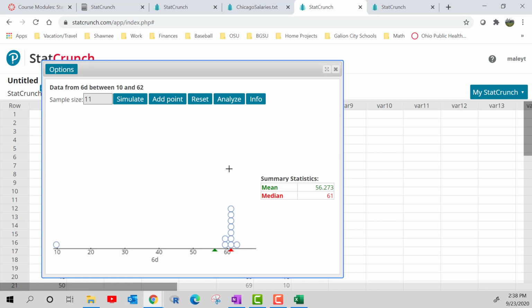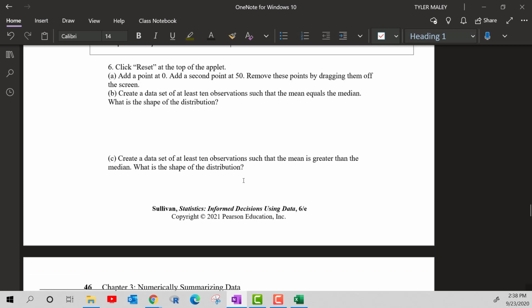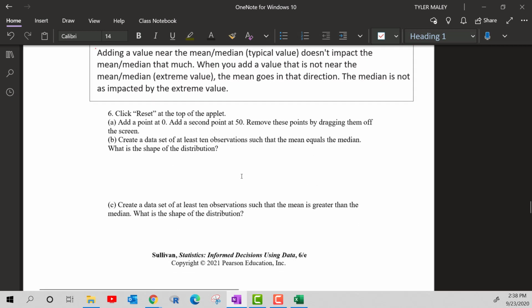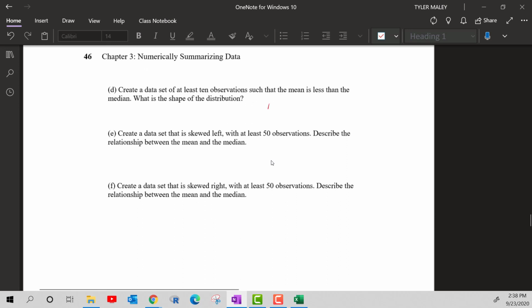Left skew. So just filling these in, the main thing we wanted to answer here is that this is symmetric, right skew, and left skew.